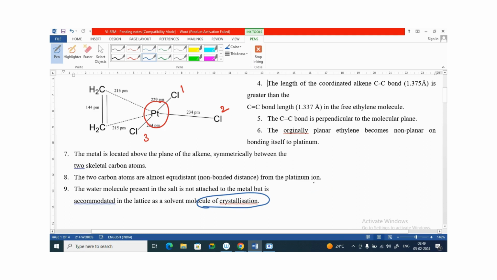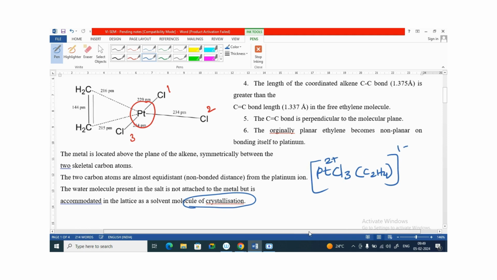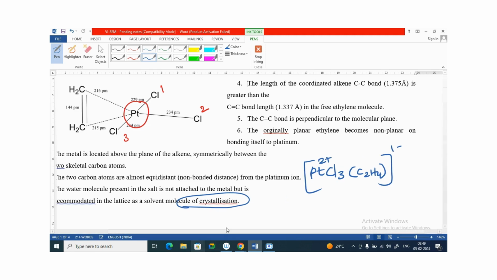Actually, when this Zeise's salt was reported, this platinum is 2 plus, therefore the complex is 1 minus. For water of crystallization, some H2O molecules may be there. Only then must this Zeise's salt be derived as a crystal.